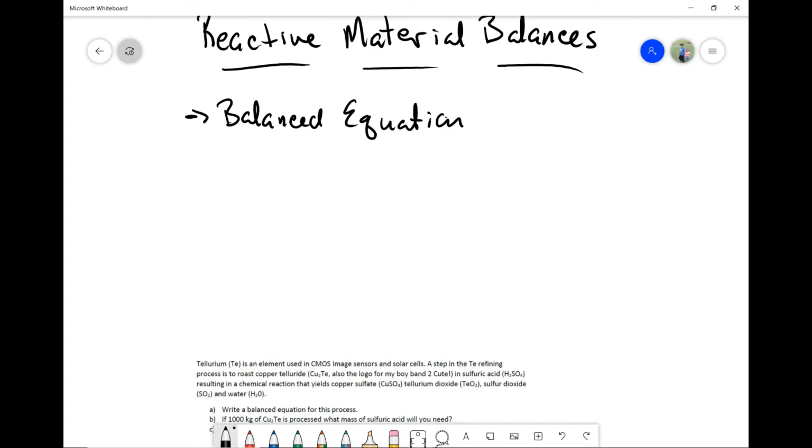We can do a flow chart for this, but on this problem the flow chart isn't quite as important. It is important in other contexts, so don't forget it. But the balanced equation is the key, and I can't stress that enough.